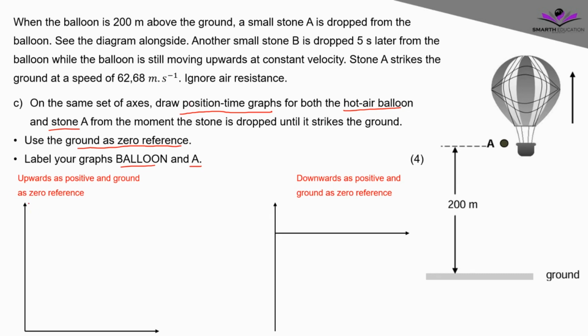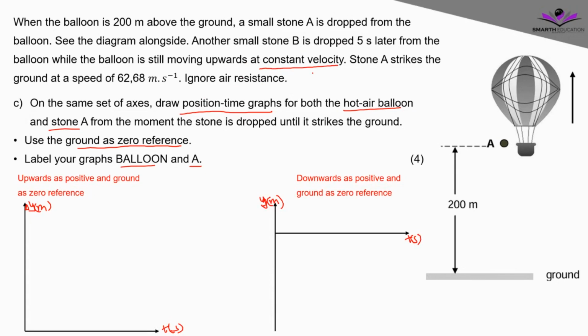This is the position time graph. So our vertical axis will be our displacement in meters, and here will be time in seconds. Same here, displacement in meters, and then time in seconds. So we're drawing position time graph. Let's start with the balloon. It is moving at a constant velocity.